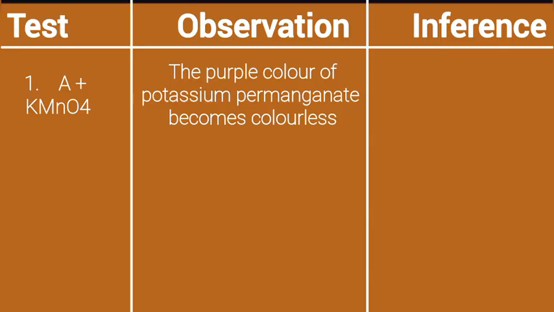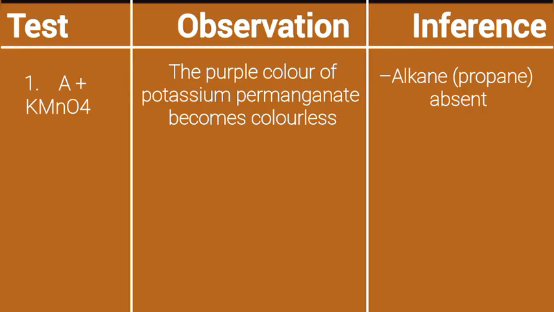What will be my inference in this case? Remember your theoretical background of how these hydrocarbons behave when they are exposed to potassium permanganate. With the fact that the purple color of potassium permanganate becomes colorless, this simply means that alkane is absent. Alkane in this case is propane. So propane is absent.